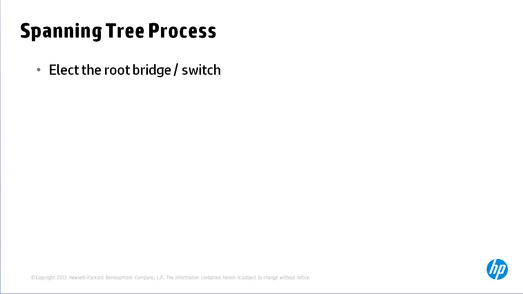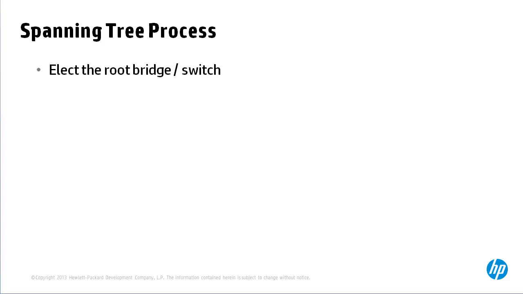So in 802.1d, common spanning tree or mono spanning tree, the first decision is to elect a root bridge or root switch. One device in the layer 2 topology is chosen as the root device. Think of a tree in the physical world. A tree cannot survive without a root, and Spanning Tree cannot survive without a root. So the root of Spanning Tree is of great importance.